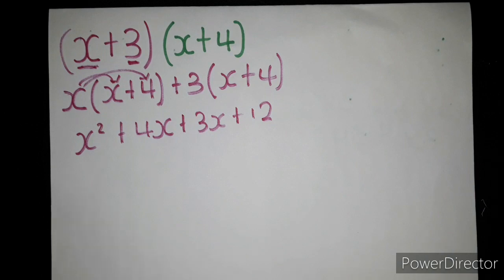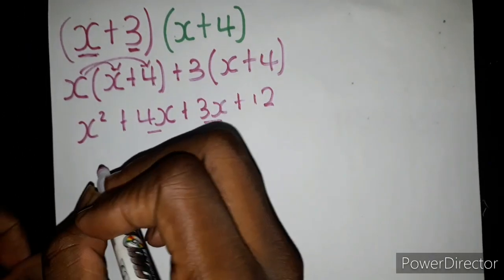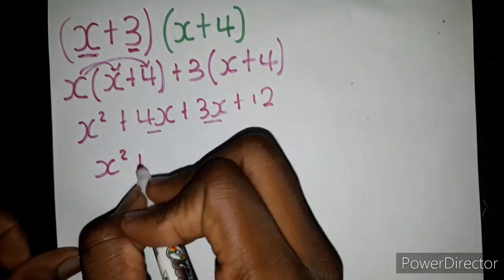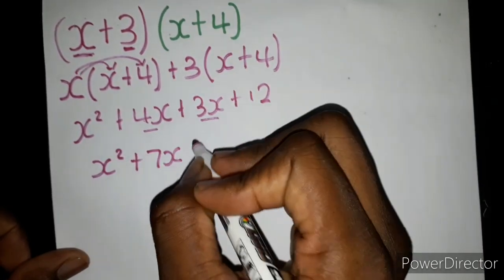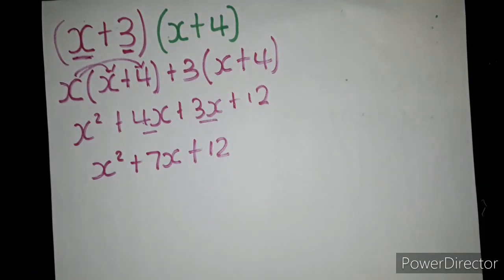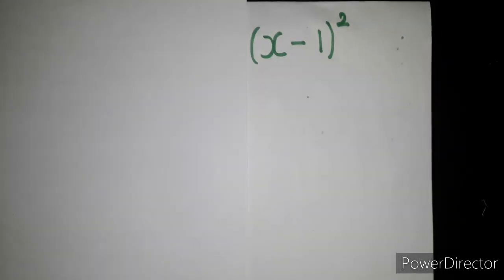From the previous lesson, we have two like terms here, so we have to add those two like terms. That would be x squared, 4x plus 3x will give you 7x, plus 12. And that is how you use the distributive law when you have two brackets with two terms inside.